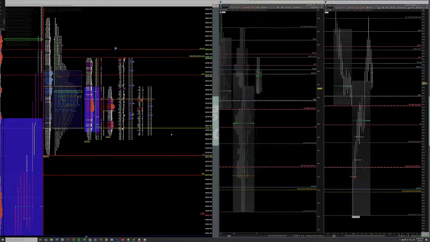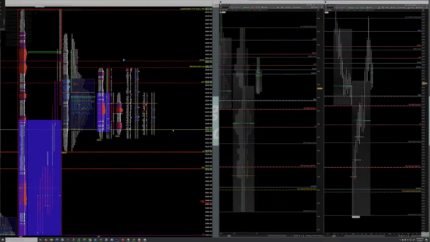Really low volume relative to yesterday. So higher prices, which is what we have up here, are not attracting volume, are not attracting buyers. That's what I got. I have a bias, but I am not in a hurry to place any trade here.